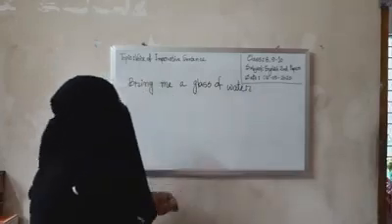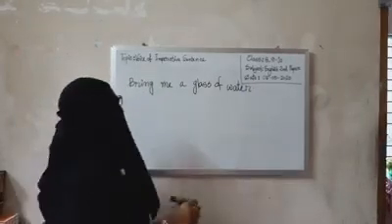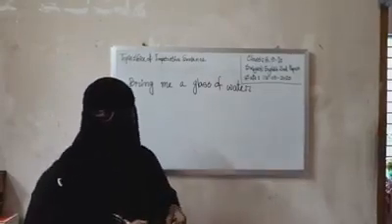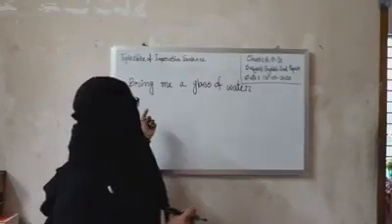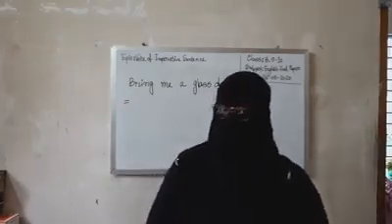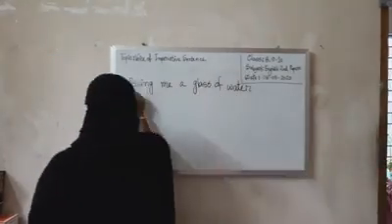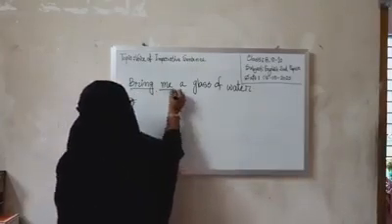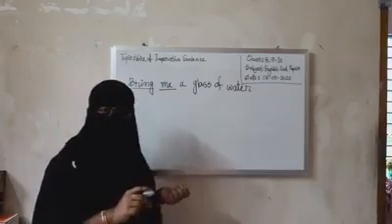Bring me a glass of water. Until now we saw that the sentence started with the main verb. Here also there is a main verb, and we find there is another addition.